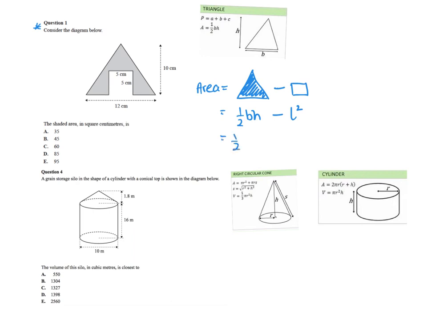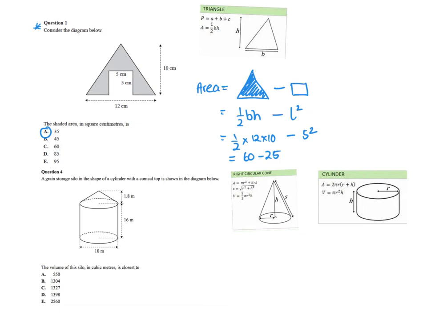So if I type all them in, it'd be a half 12 times 10 minus 5 squared. So we get, what's that, 60 minus 25, which is equal to 35. Okay, so that one's question 1, pretty easy.